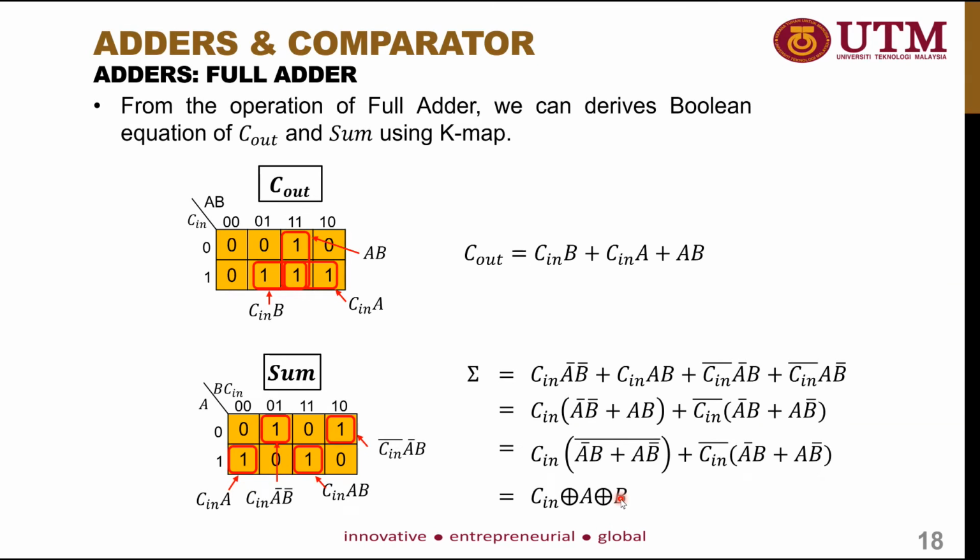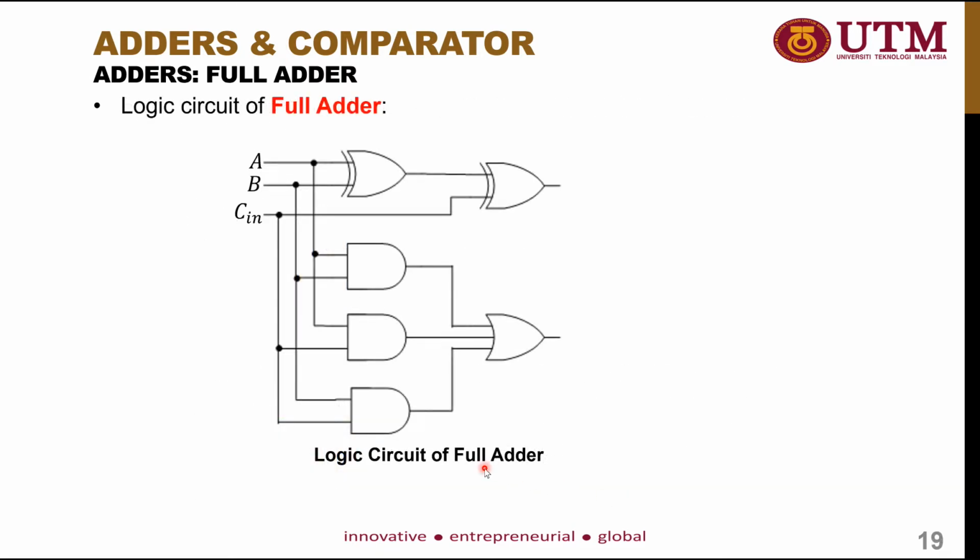Now, after you get the expression of Cout and the sum, you can get the logic circuit for the full adder. The logic circuit for the full adder has a total of 2 XOR gates, 3 AND gates, and 1 OR gate.